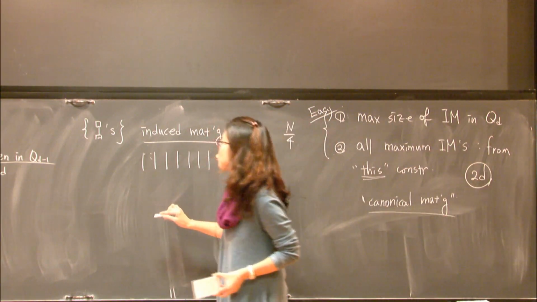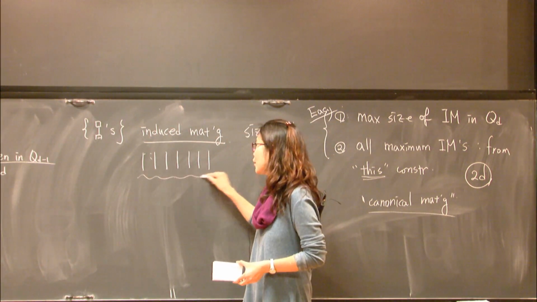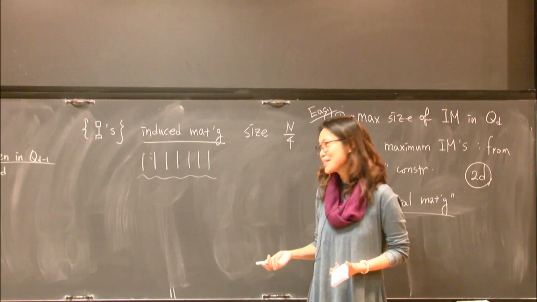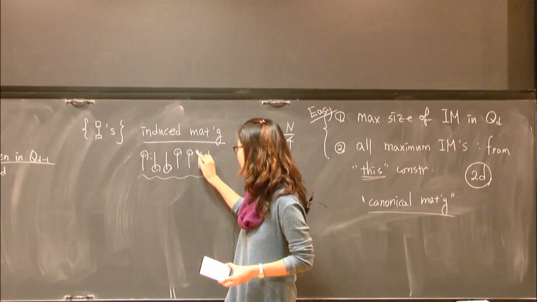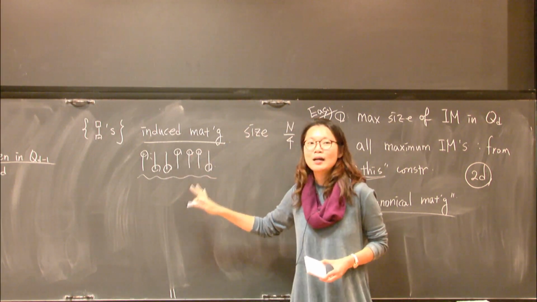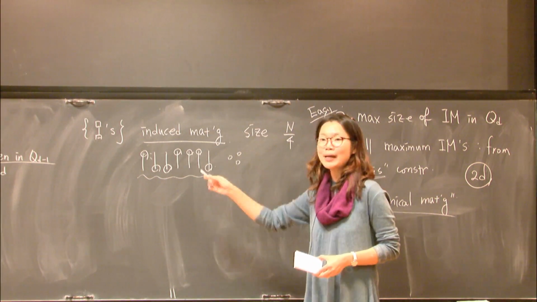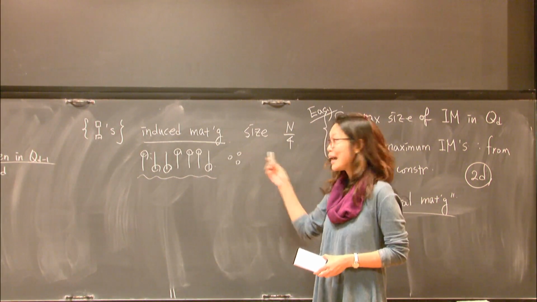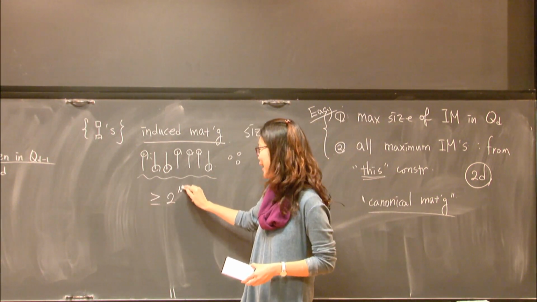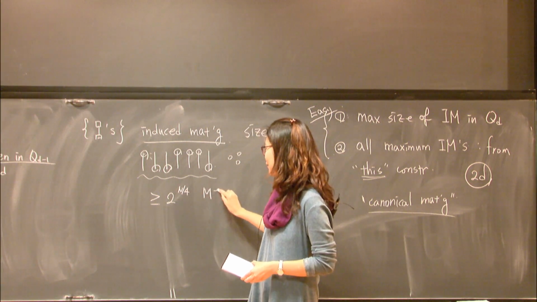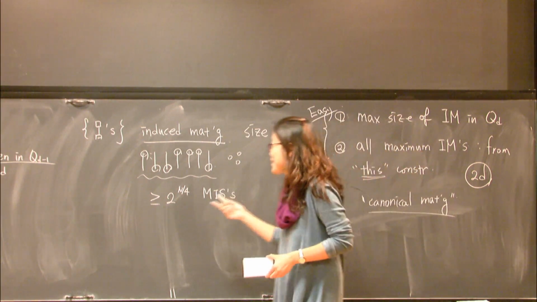Then there is a trivial way to construct maximal independent sets from an induced matching. What's that? We can choose one vertex from each edge. Then this forms an independent set. Then we can just add some more vertices to make it maximal. So in this construction, we have at least 2 to the n/4 maximal independent sets, right? And again, this is an easy exercise.